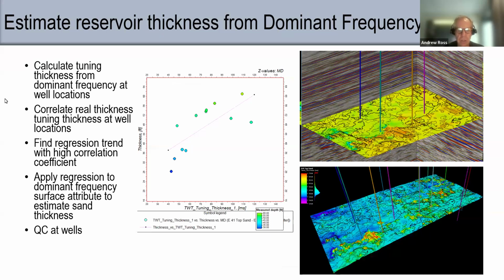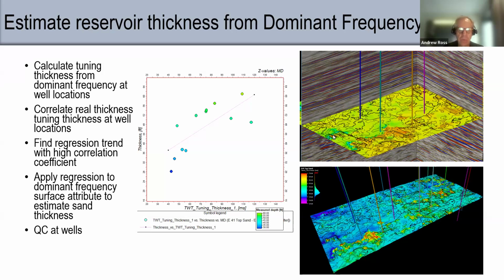So in this case I've got the thickness and then the tuning thickness. Basically I can match the tuning thickness, and if there's a correlation, I can then use that to try and convert my attribute into a thickness map.